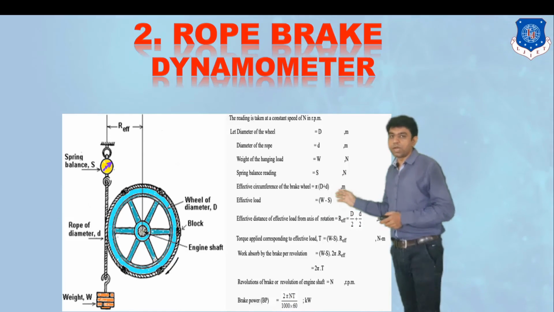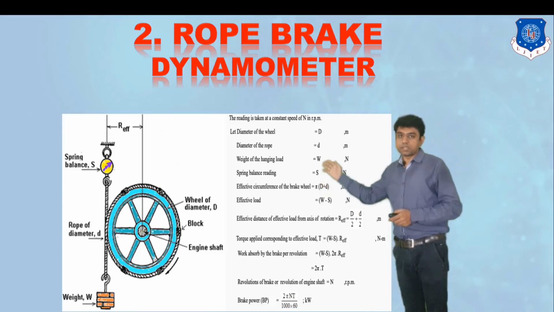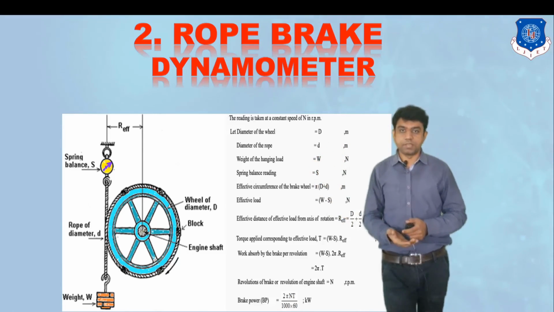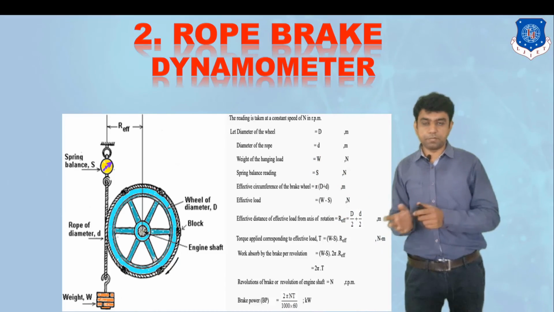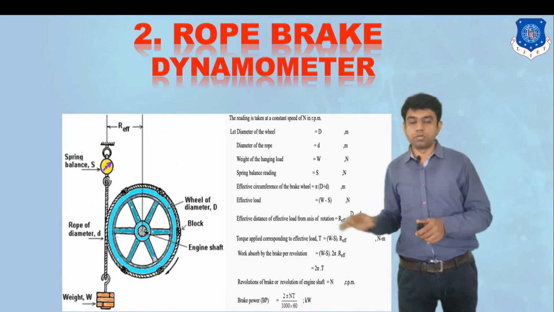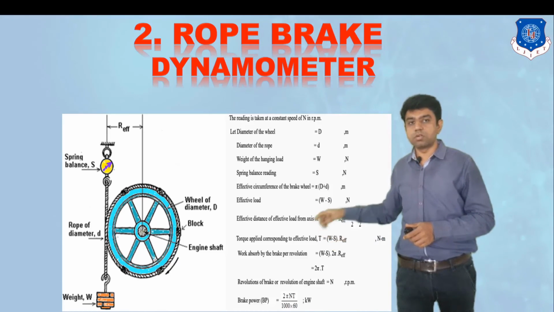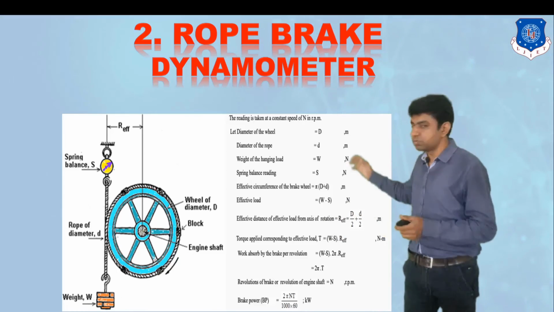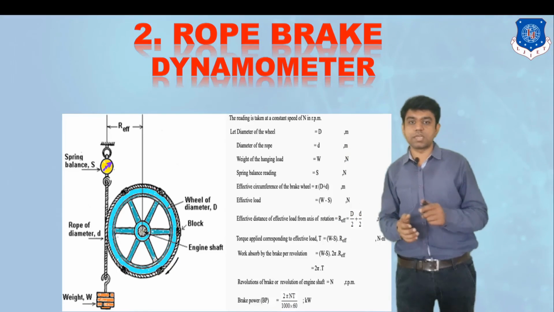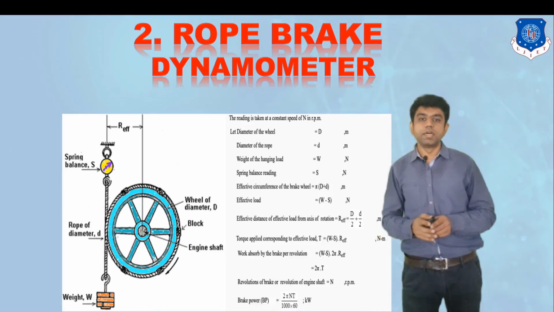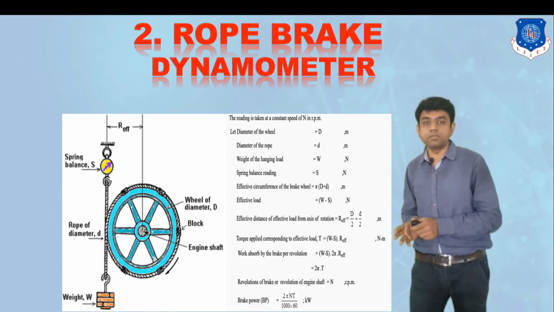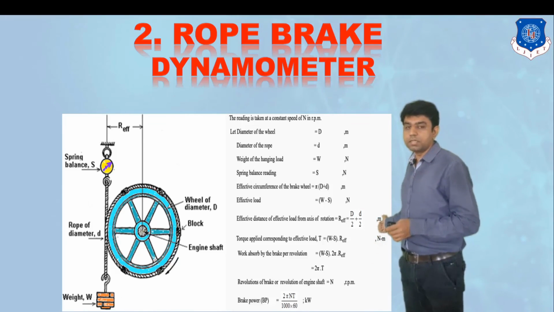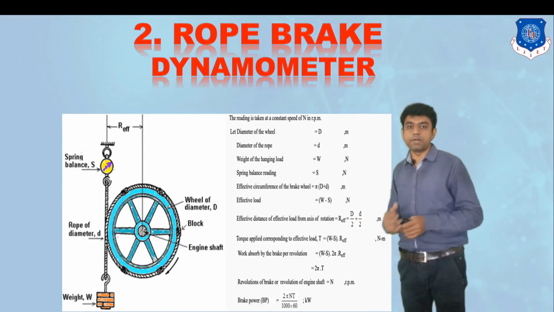Apart from that, we need the value of the wheel diameter, that is capital D. Then the rope diameter, that is kept as a small d. Apart from that, the weight of the hanging load, the amount of load you are supplying in order to stop that pulley, is kept as W. Spring balance weight would be indicated on the top portion, that is kept as S. So effective load would be W minus S, and the effective radius, that is the perpendicular distance, would be capital D divided by 2 plus small d divided by 2.